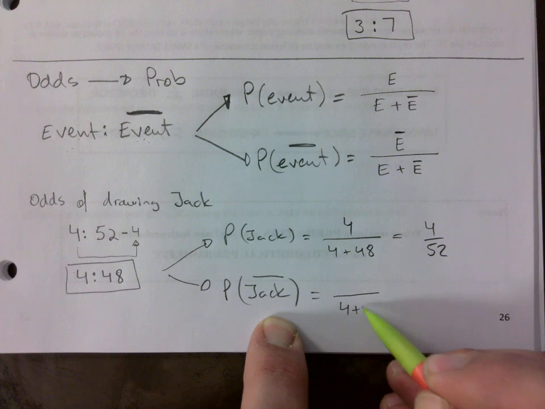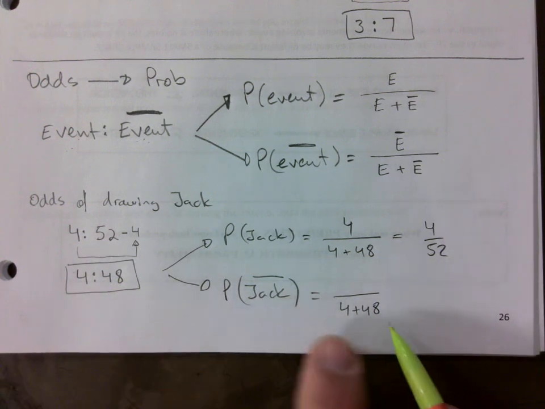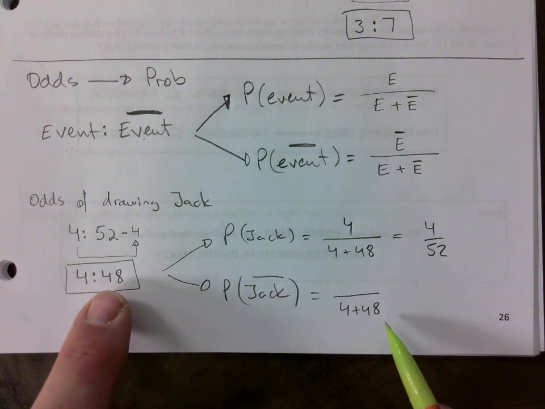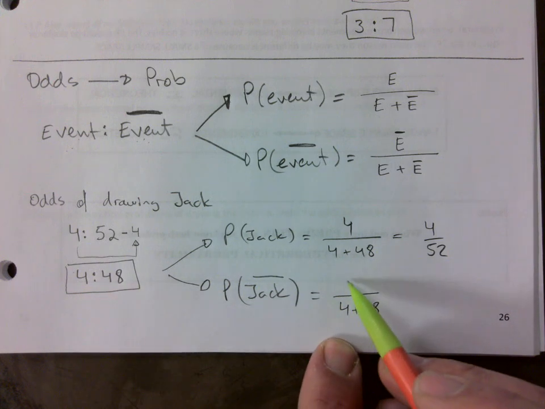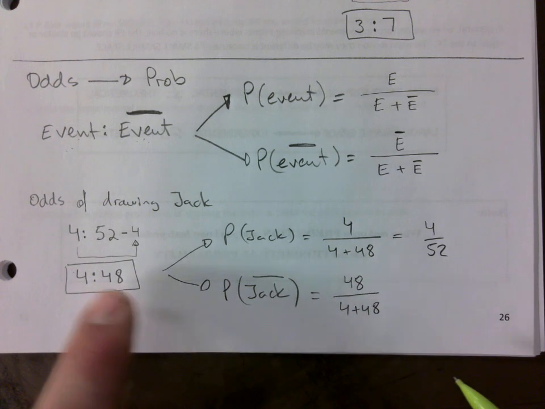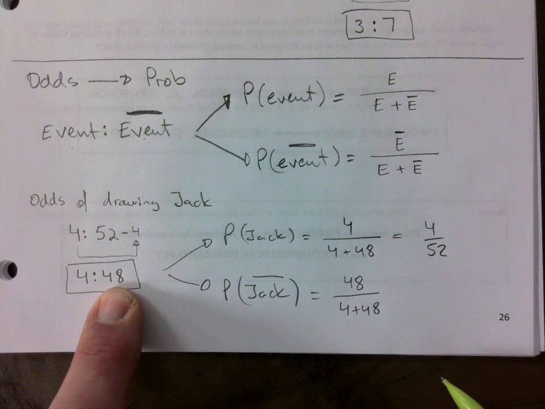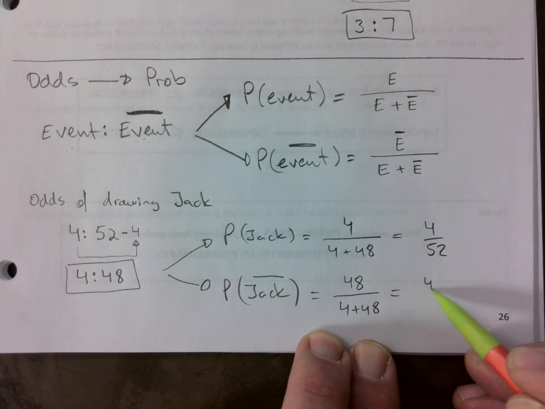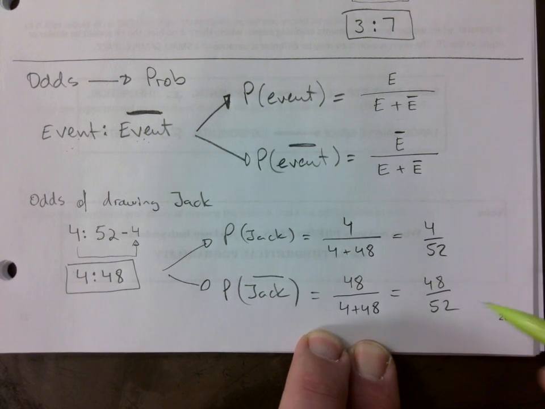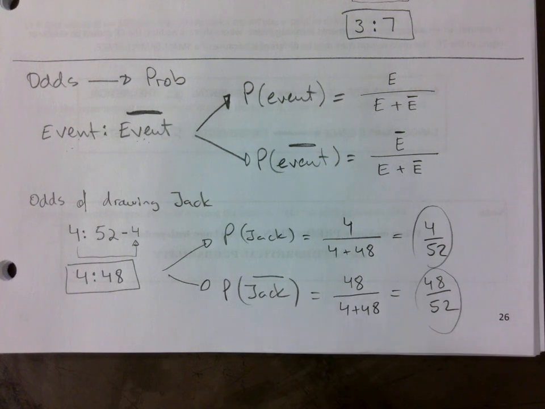Guess what? You'd still add up those two numbers to come up with your denominator. And in this case, you'd put the 48 on top, because those we know already are cards that are not jacks. So that's a practical example on how to do that.